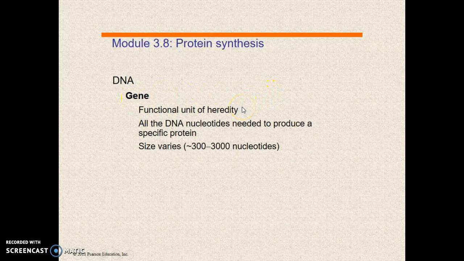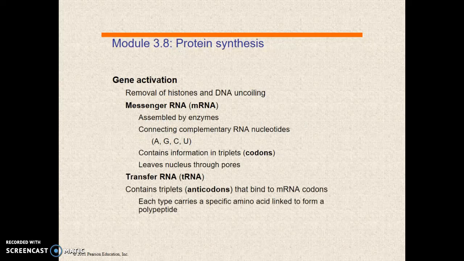For example, there is a gene to make insulin. It's a specific region of the DNA that has the information to make a complete molecule of insulin.